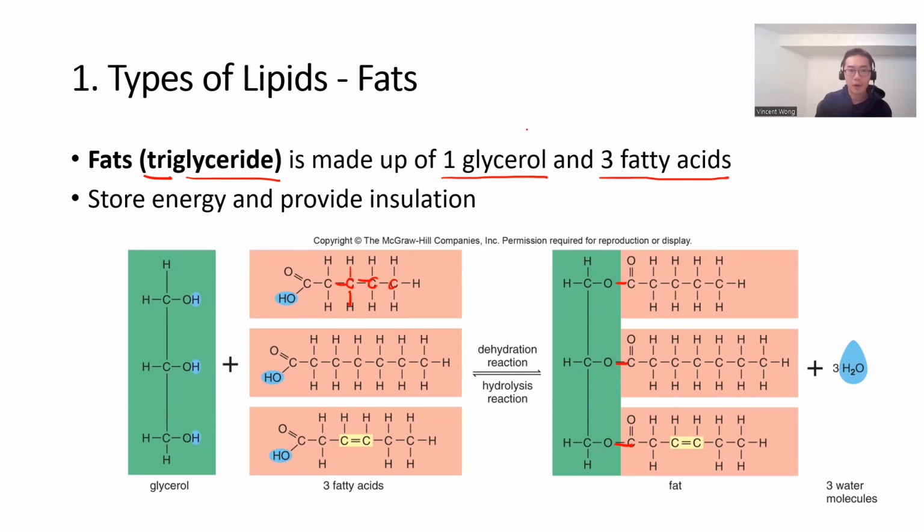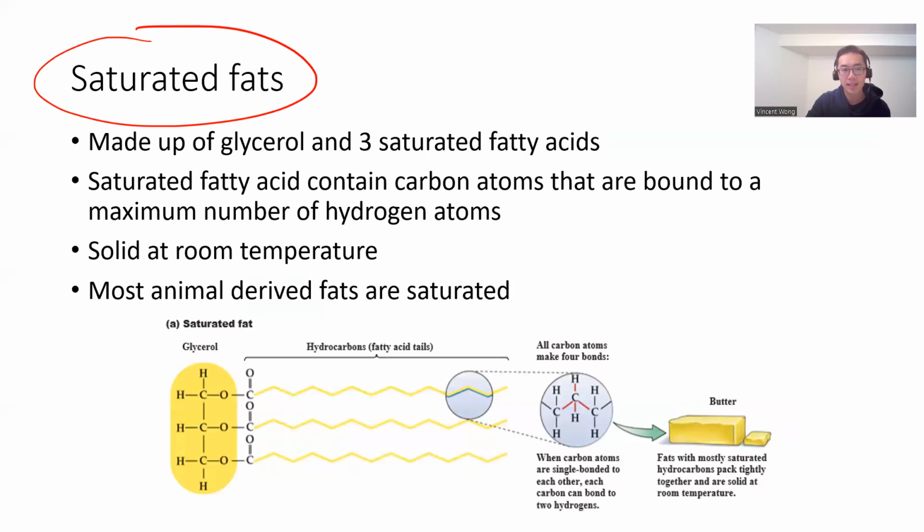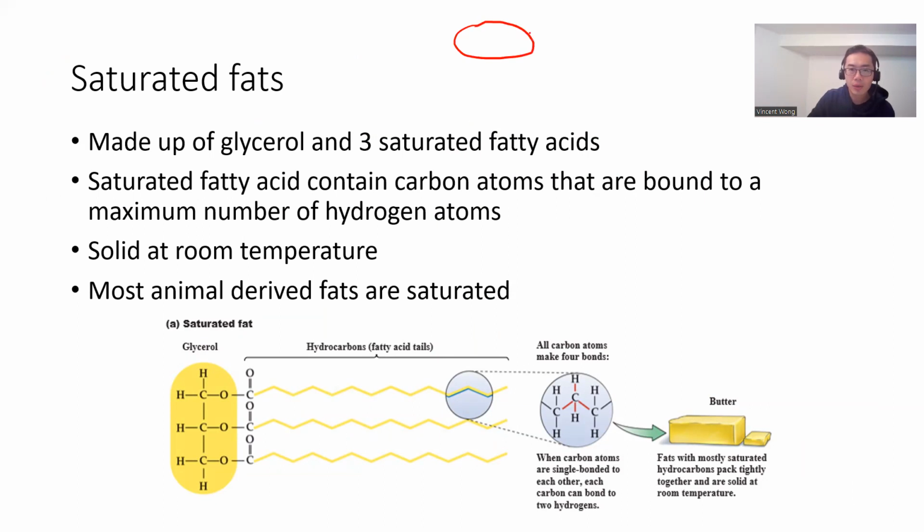So if all 3 of the fatty acids are saturated fatty acids, then the whole fat is going to be called saturated. Okay. So here is the glycerol, and then here are the saturated fatty acids.